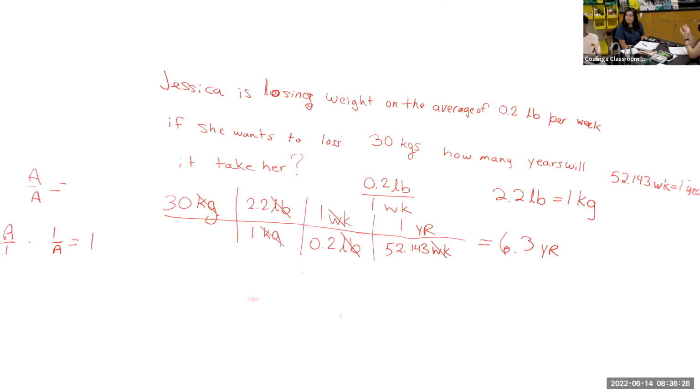No, because if we follow the dimensions, let's just do it for kicks and giggles. If I said 30 kilograms over 1 kilogram, 2.2 pounds, is that going to work out? I flipped it, but the key is that we want to flip it the right way.